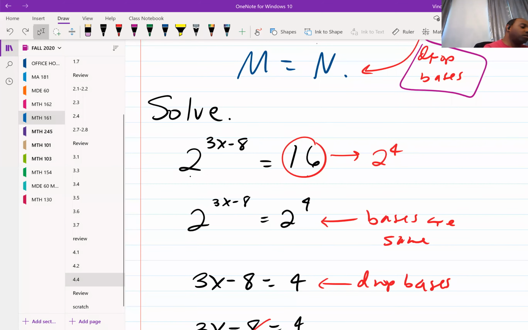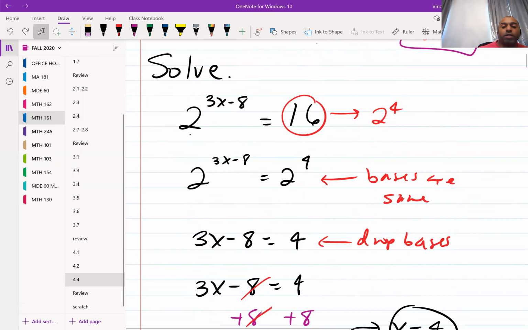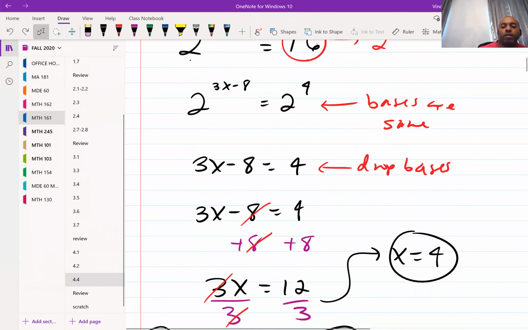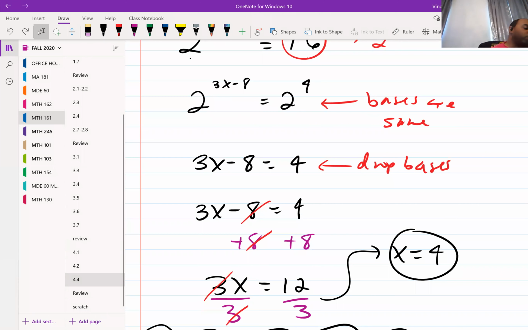From there, you can just solve it like a regular linear equation, by adding 8 to both sides and dividing by 3. And your solution is 4. Questions on that?